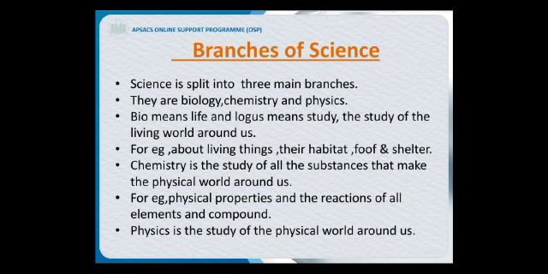Number one, biology. What is biology? Bio means life and logos means study. The study of the living world around us. For example, we study living things, their habitat, their food and shelter.